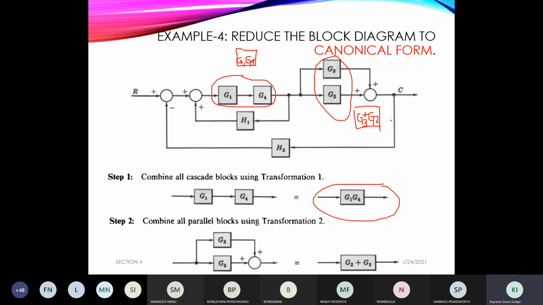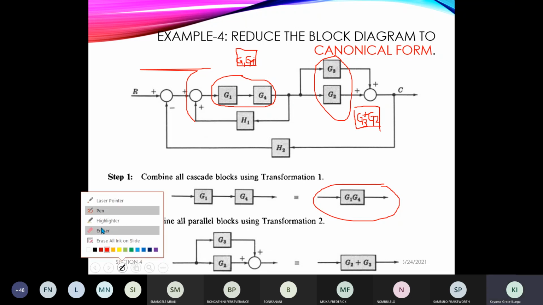This is our second block. That means we will have one block here and one block there. And this part here will remain now. Sorry, let me try this line here.